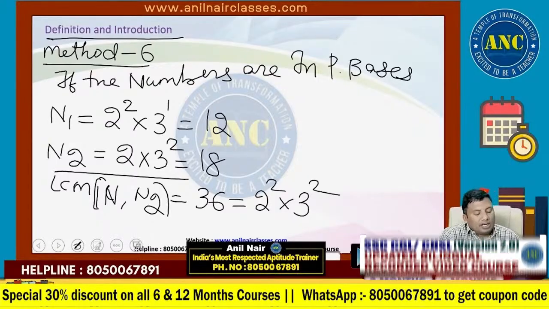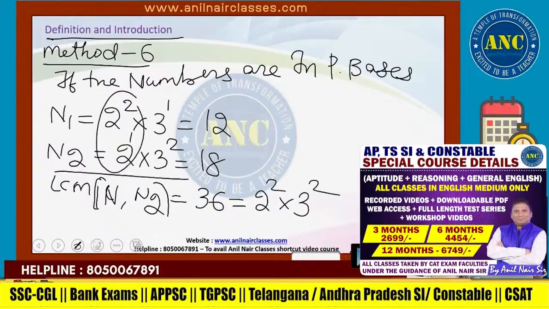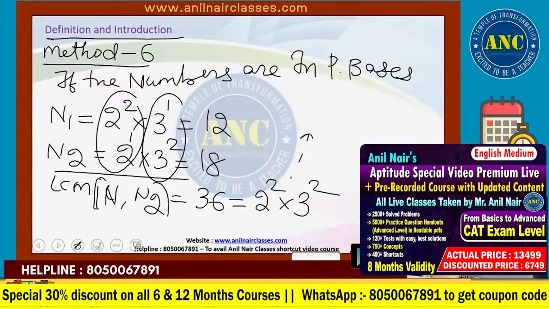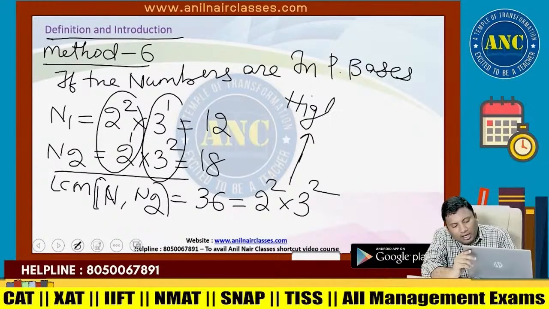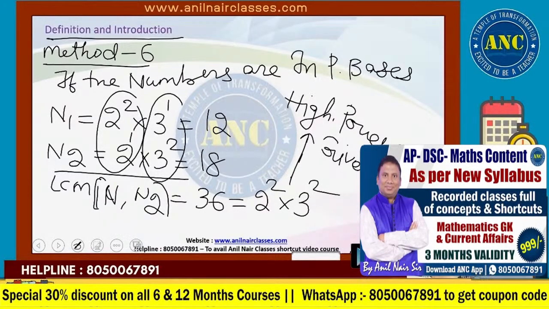Am I right? 2 power 1, 2 square: what is highest? 2 square. 3 power 1, 3 power 2: what is highest? 3 square. LCM always takes the highest power of given prime basis.